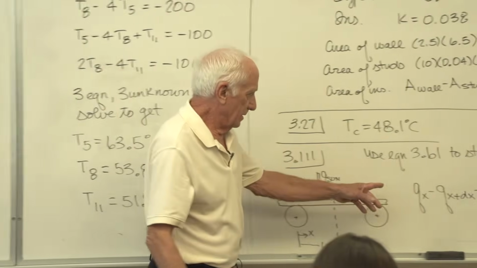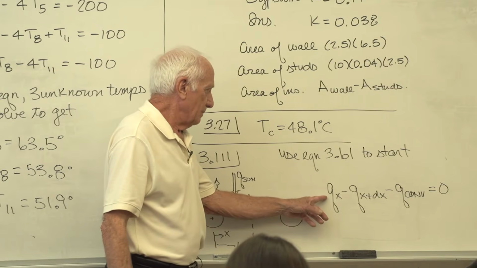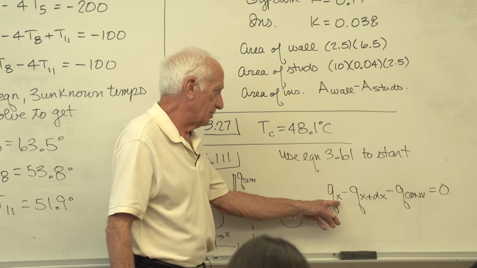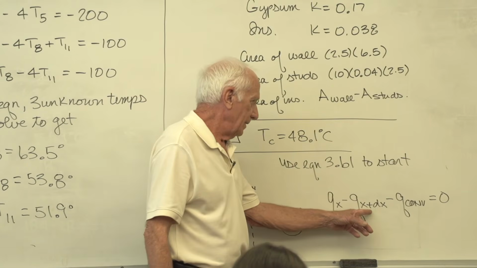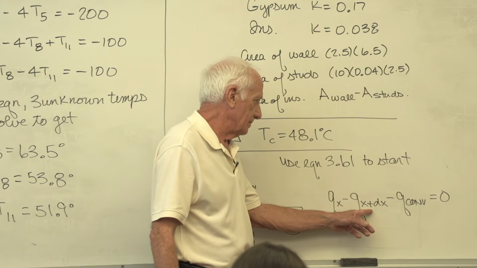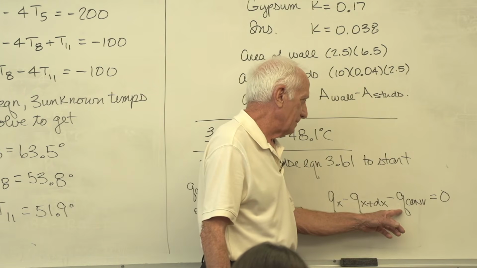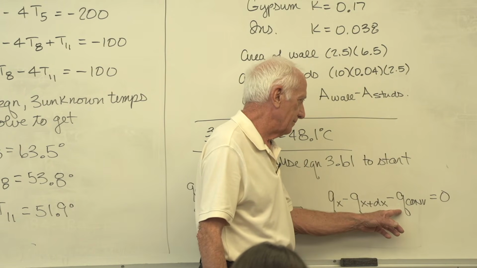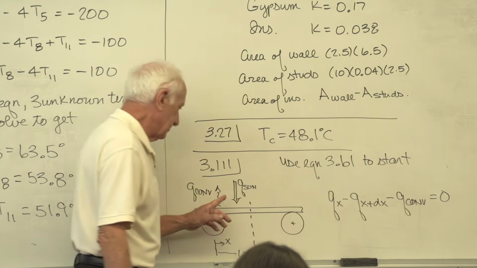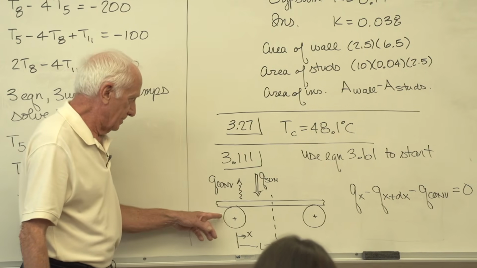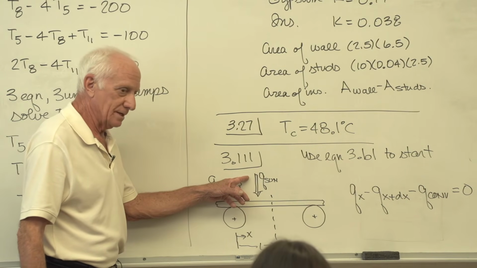In words, heat coming in the left side of the element by conduction, Qx, minus heat going out the right side of the element by conduction, Qx plus dx, minus the heat lost by convection to the fluid at T infinity. Now, what's the difference here? You see the picture. I've got to throw in Q sun as an input.